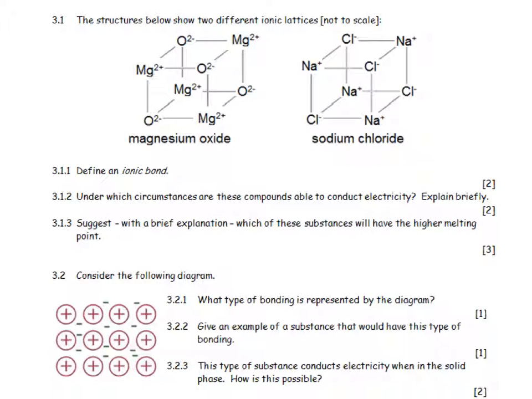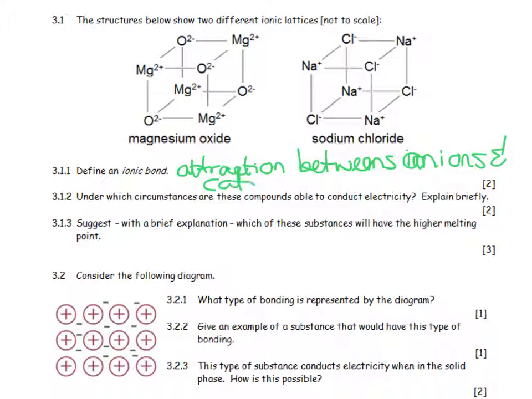Now we've got structures of different ionic lattices. Define an ionic lattice. It is an attraction between anions and cations to form a lattice. Under which circumstances are these substances able to conduct electricity?